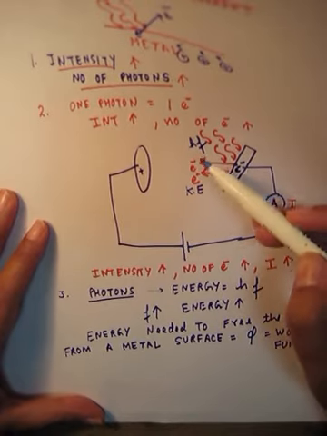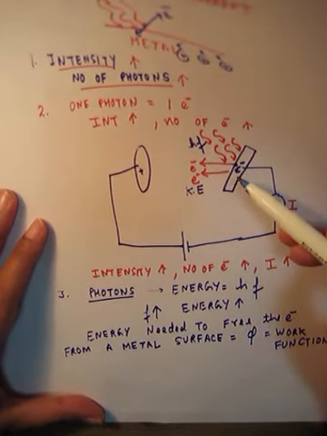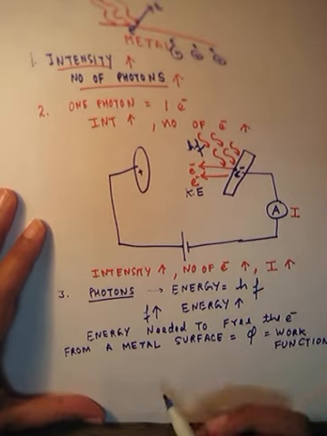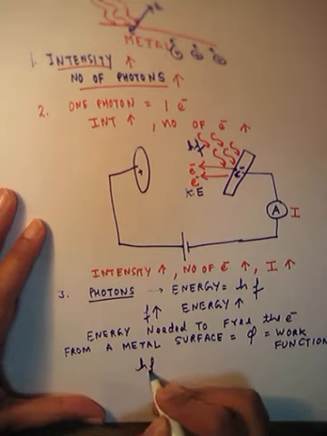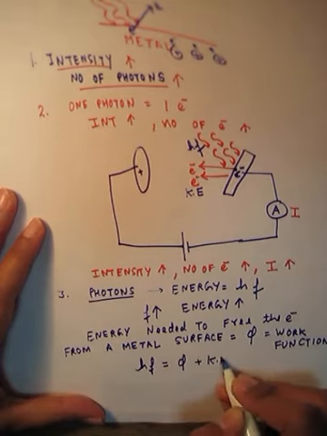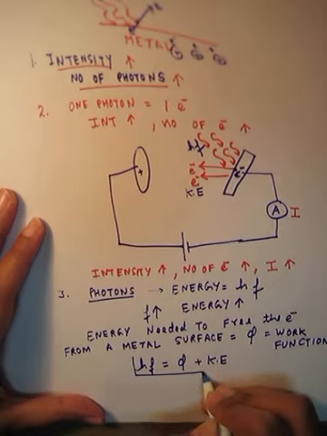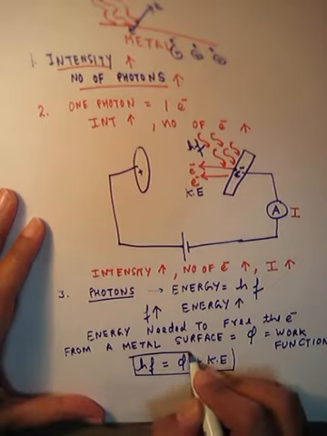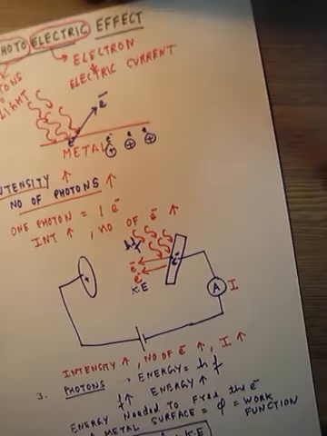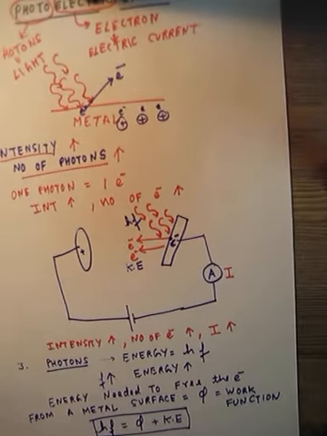So this amount of energy is used to free the electron, and then it comes out. And the rest of the energy is used as the kinetic energy. So we can write that hf should be equal to phi plus kinetic energy. A very important equation which we will simplify, because it is not the complete equation.